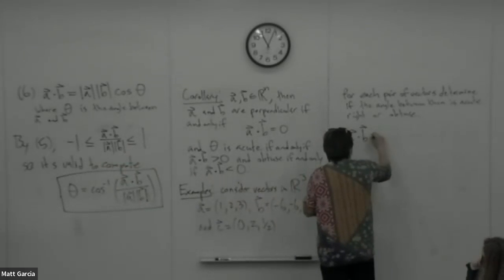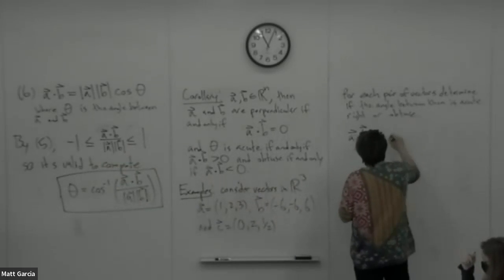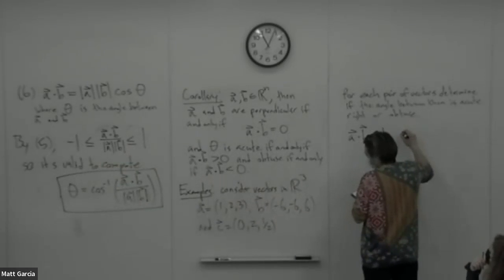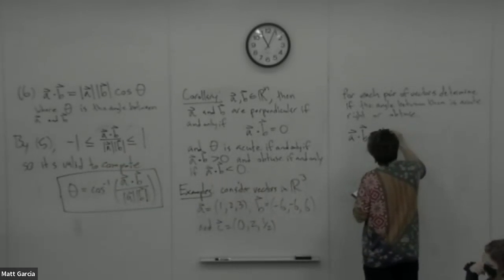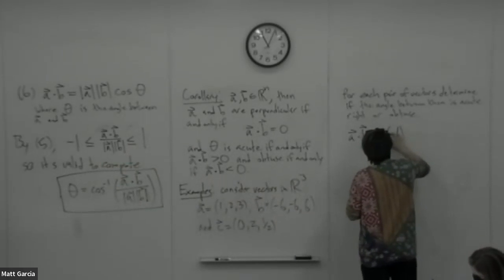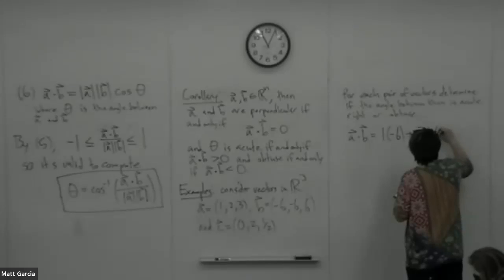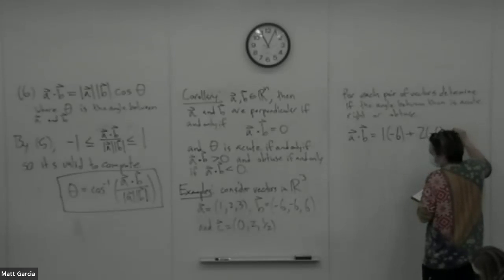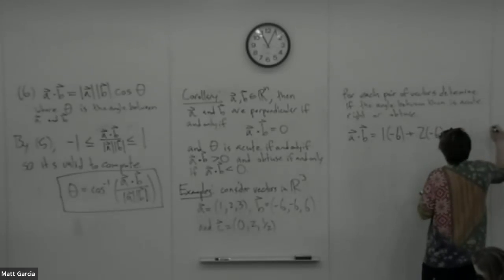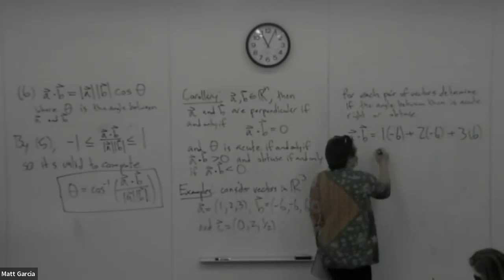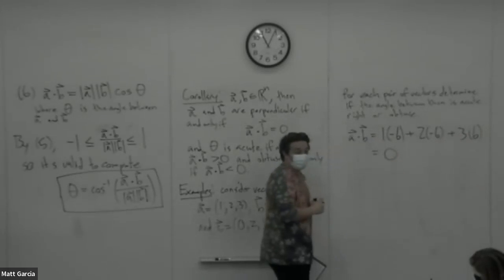Let's verify that really quick. A dot B: we get 1 times -6, plus 2 times -6, plus 3 times 6. In fact, that's 0.